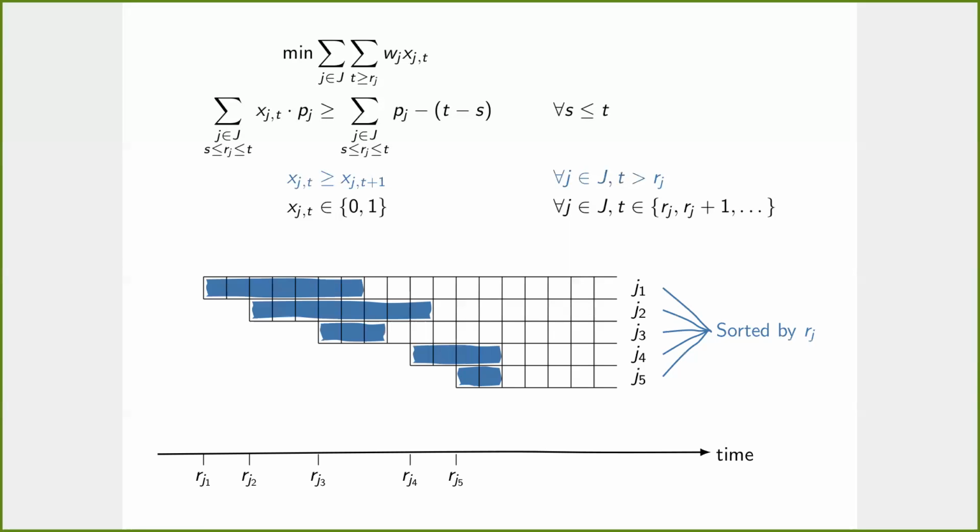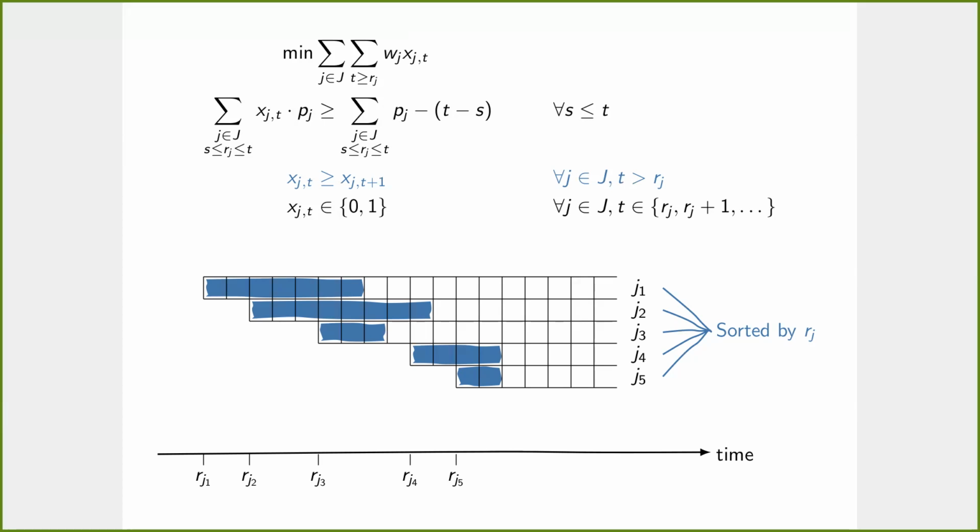So in some sense, we want to find these prefixes here in blue of each row, which correspond to how long the job is alive. So for example, the job J1 in this picture is alive as long as this blue bar goes on.